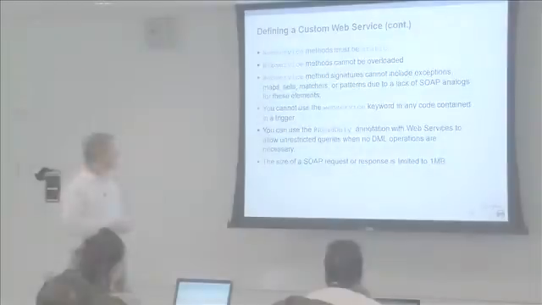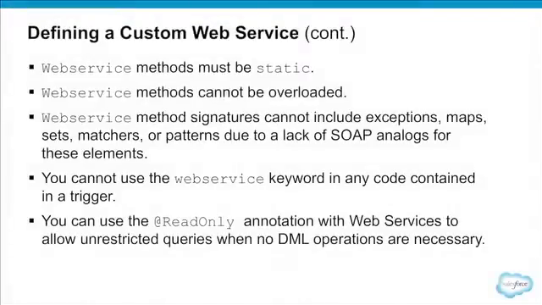All right. Web service methods must be static. They cannot be overloaded. There's a few limitations with respect to the signatures, the parameters. You can't have a map or a set as a parameter type. There is a special annotation called read-only.